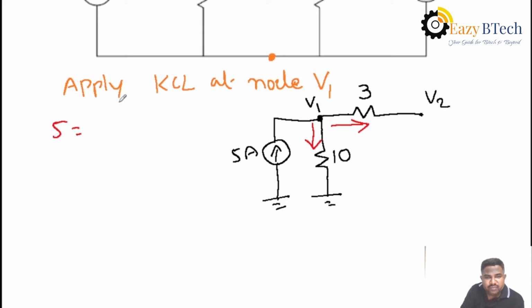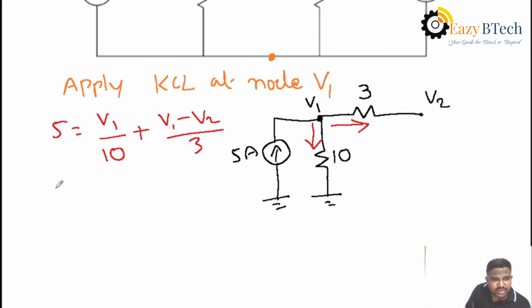According to Ohm's law, V equals IR, so I equals V by R. The voltage across 10 is V1, so the current passing through 10 is V1 by 10, plus the sum of the leaving currents. What is the current passing through 3? The 3 ohms has two voltages, one end V1 and one end V2. Here we are writing equations for the V1 node. That's why the current is V1 minus V2 by 3.